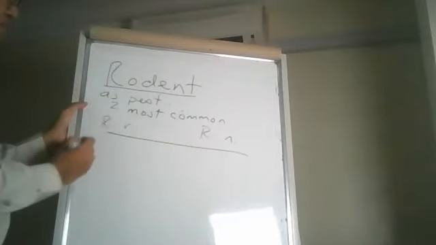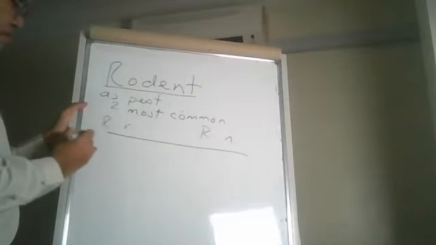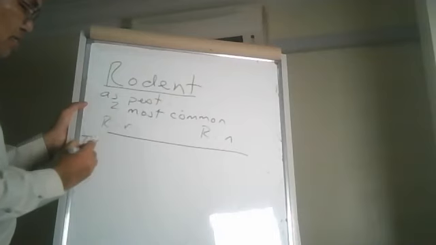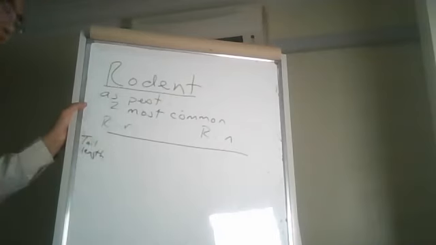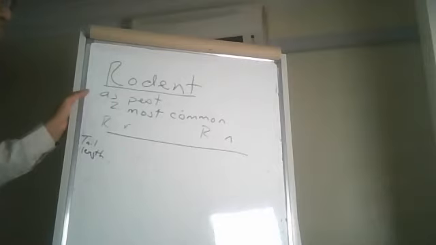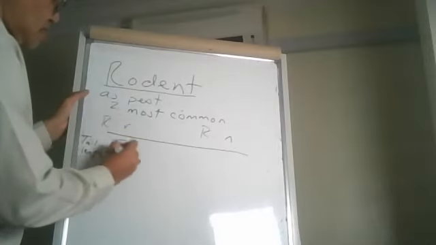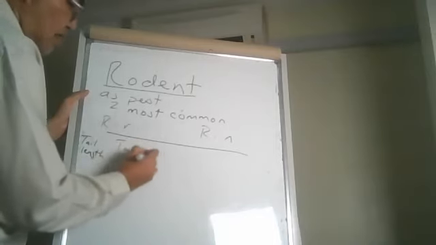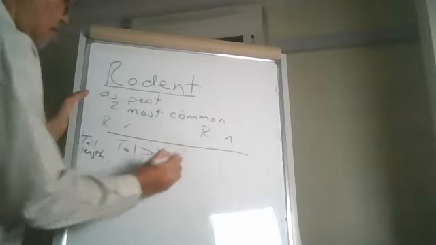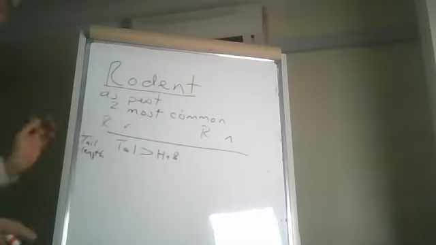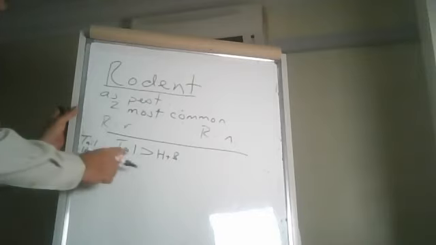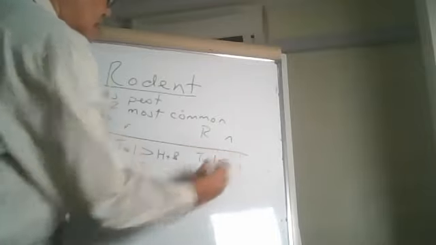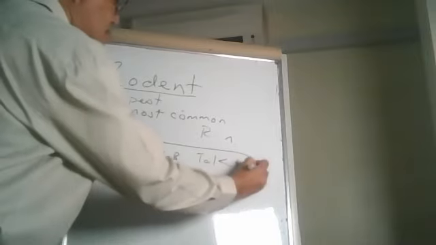In terms of tail length, panjang ekor, in Rattus rattus the tail length is longer than head and body. So you measure the head and the body, and then you measure the tail. The tail is always longer. Here, the tail is shorter than head plus body.